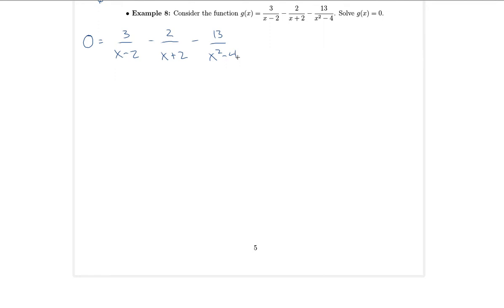Now, in the last example, what we did was we multiplied the two denominators together to find our least common denominator. Now we have 3 different denominators, right? So what do we do here? Well, if you multiply all of them together, it can work, okay?